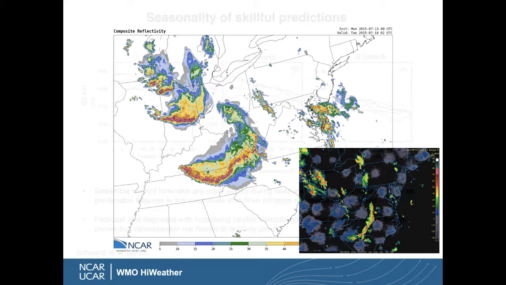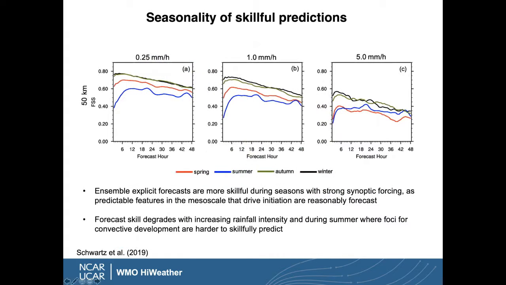So largely, we see this if we look at climatologies of the predictability of precipitation systems from ensemble forecast systems with explicitly resolved precipitation. Here, these are fraction skill score, so higher values are better. And then the different colored lines here are time series of forecast skill for different rain rate thresholds, going from relatively light rain to heavier rain as we go from left to right.